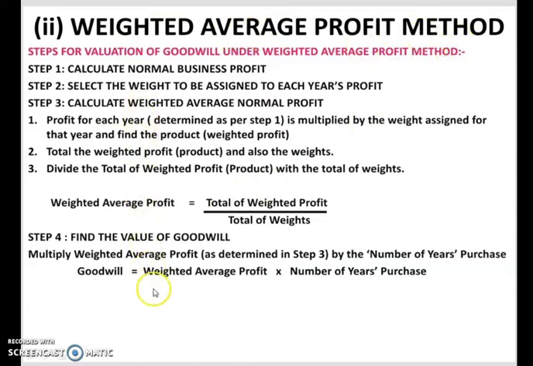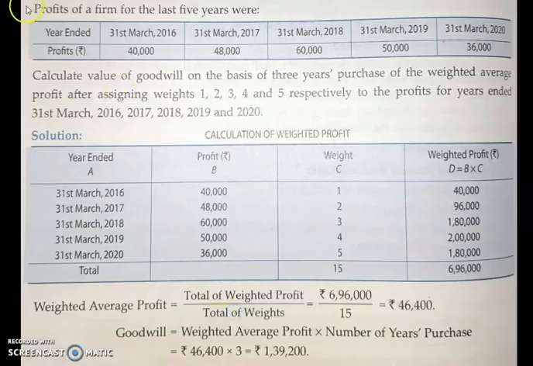If these steps are not clear, let us do one problem for more understanding. Okay, see here, profit of a firm for the last 5 years were given to you. Calculate value of goodwill on the basis of 3 years purchase of weighted average profit after assigning weight 1, 2, 3, 4 and 5 respectively to the profit for the year ended 31st March 2016, 17, 18, 19 and 20. So this is the question.